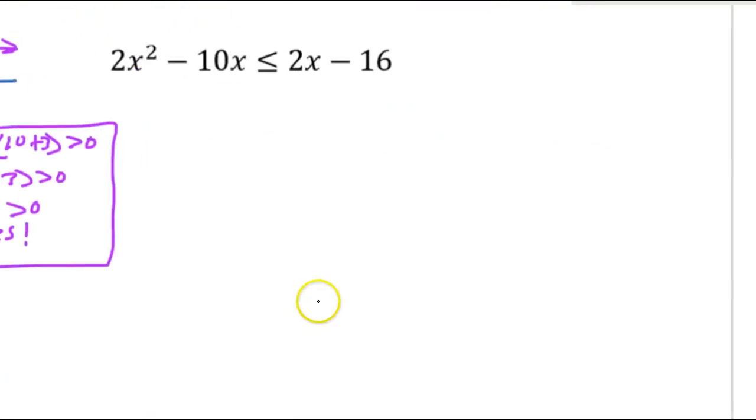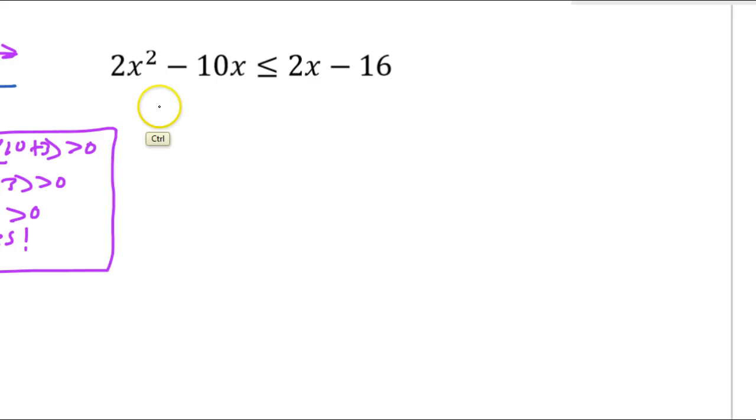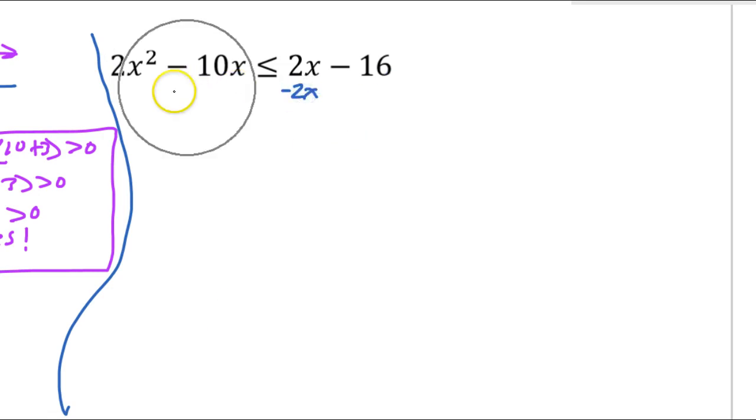Okay, let's do the same thing again for problem number 2, or whatever number this is. Okay, so first I'm going to get 0 on one side. So I'm going to subtract 2x and I'm going to add 16.